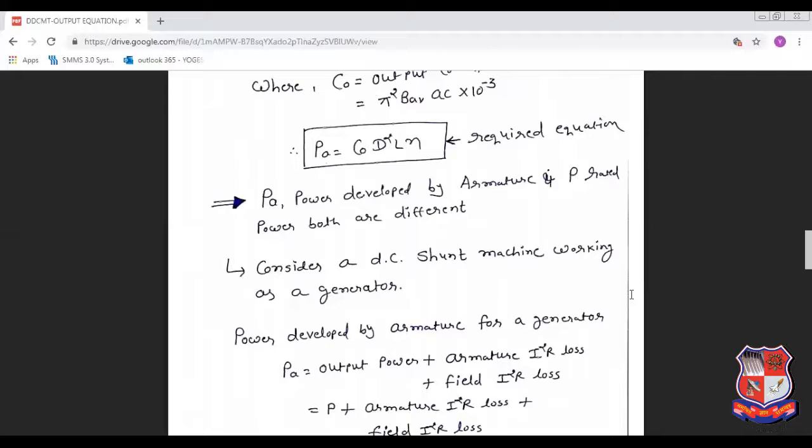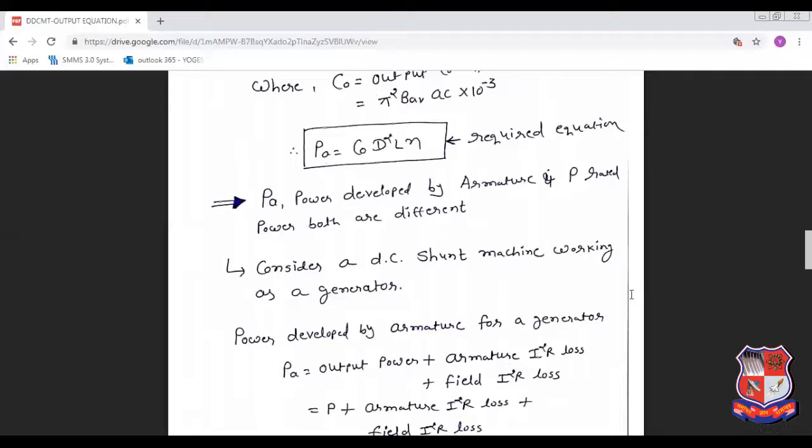Then the specific electric loading range is approximately 12,000 to 15,000 ampere conductor per meter, recommended for machines up to 5 kilowatt. For the medium range, the recommended range is 17,000 to 36,000 ampere conductor per meter.